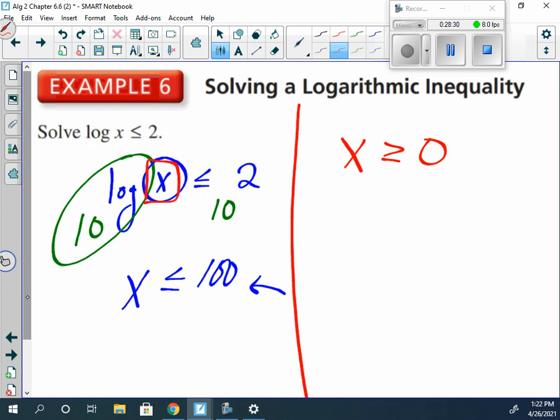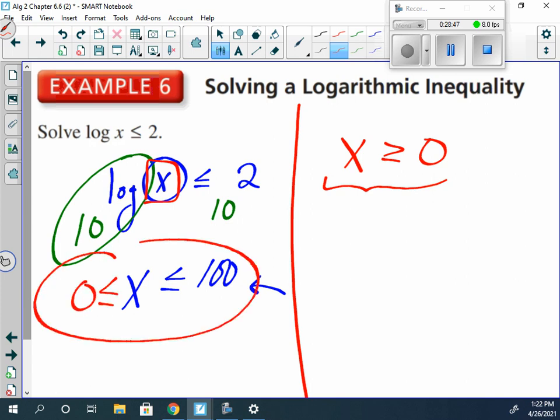Solving for x, x has to be greater than or equal to 0, yes? So we'll add that on, saying that our solution is that 0 is less than or equal to x is less than or equal to 100. So our solutions for x cannot be less than 0 or greater than 100. And that's it.